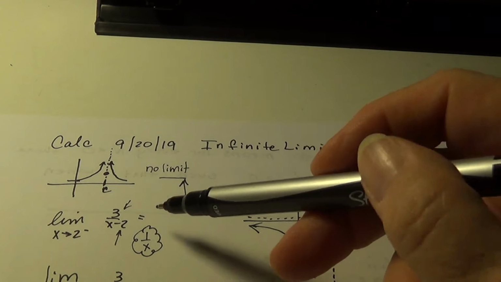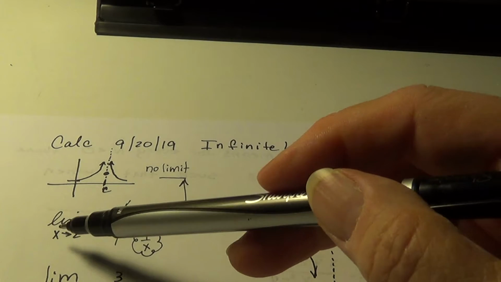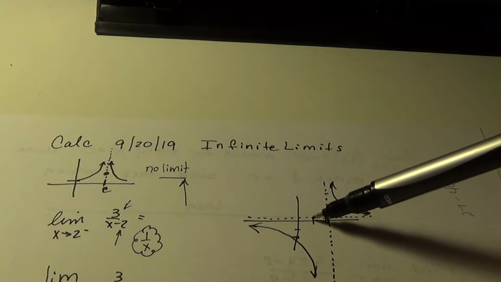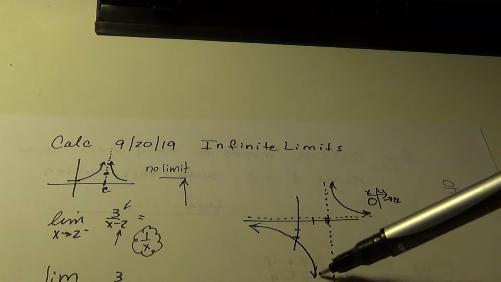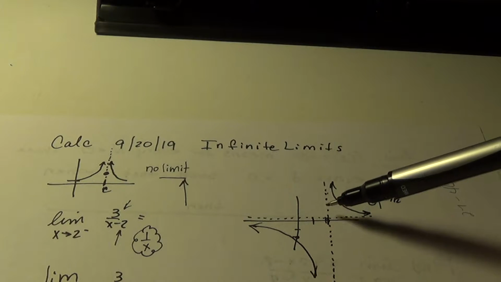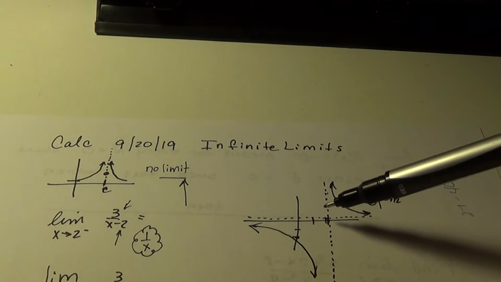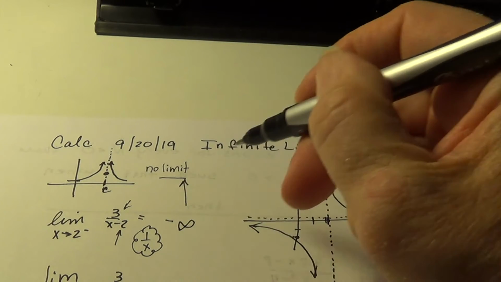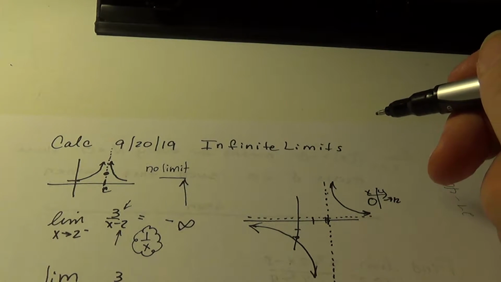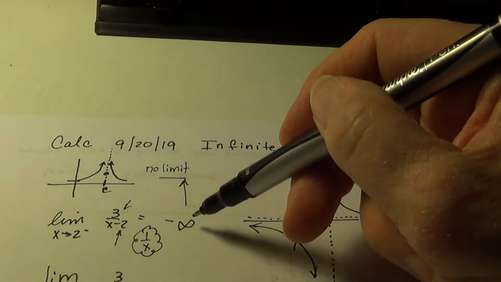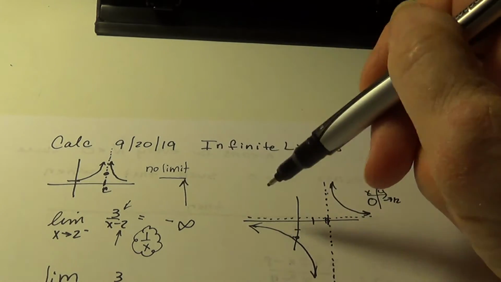So back to our original problem, what's the limit as x approaches 2 from the left, coming in this way? Do you see we're increasingly going further down the closer we get to 2. So the answer to that is going to be negative infinity. When we say negative infinity, you might be confused. Why do you say that? Because we're coming from the left.